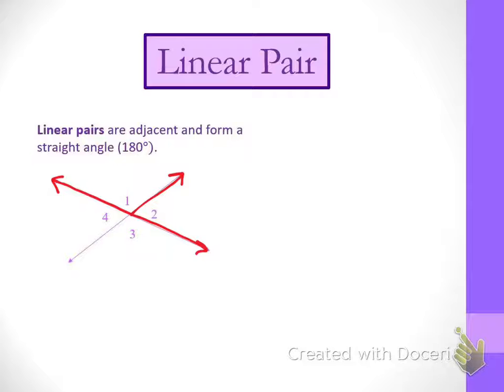These 2 angles, 1 and 2, they share a wall, this wall, right? And they form 180 degrees. That makes them a linear pair. So what you want to highlight is 1 and 2. And then I would just list it under angle 1 and angle 2, and then under it I would list angle 1 and angle 2 are a linear pair.